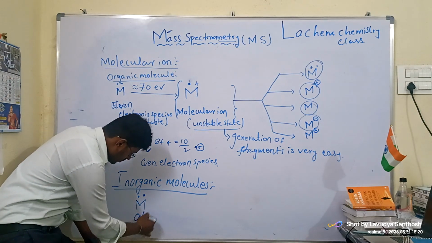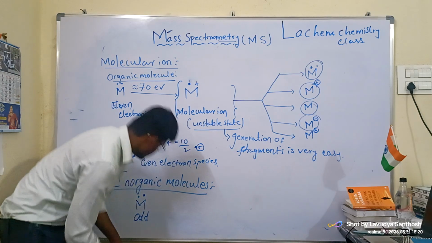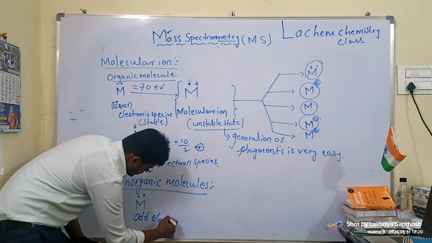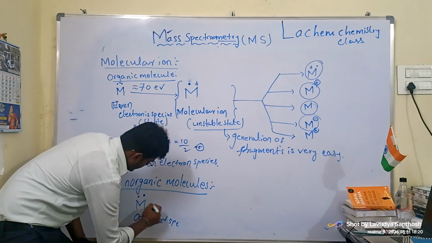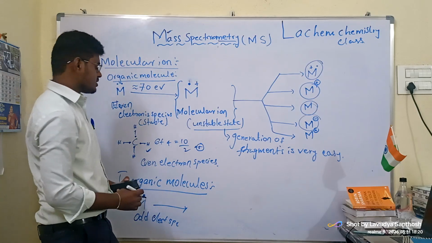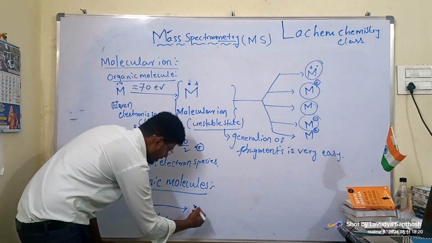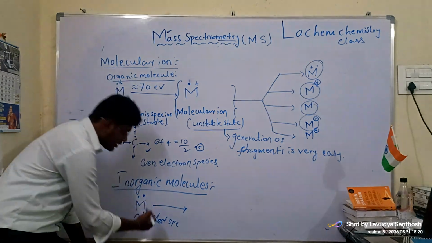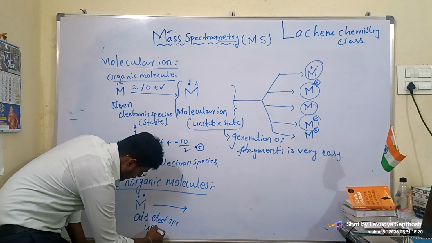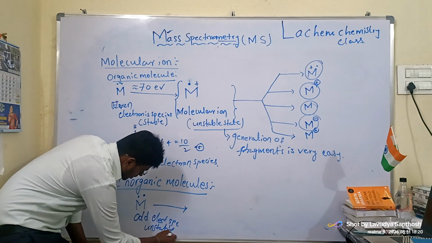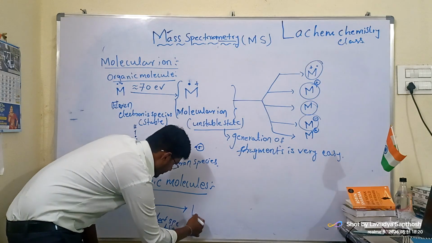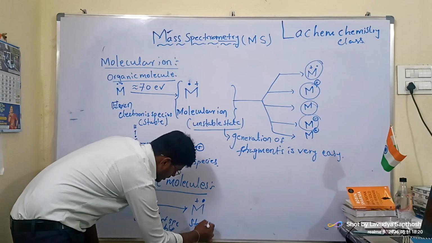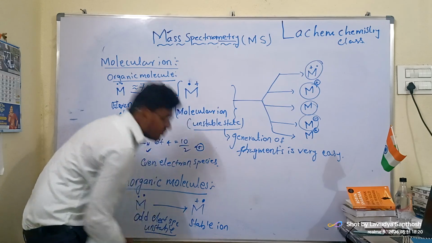Now you see odd electronic species. Odd electronic inorganic molecules in the odd state are highly unstable, and they are giving a stable molecular ion.